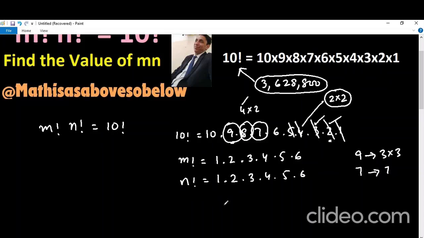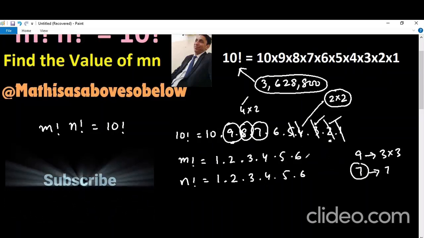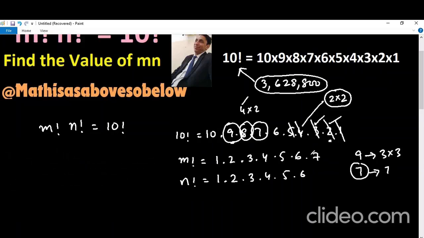Now we have all these factorials for m and n possible factorials, but the only difference is 7. Now we can give this 7 to either m or n, it does not really matter, because multiplication 7 times 6 or 6 times 7 gives you 42. Now we have these numbers 6 and 7.